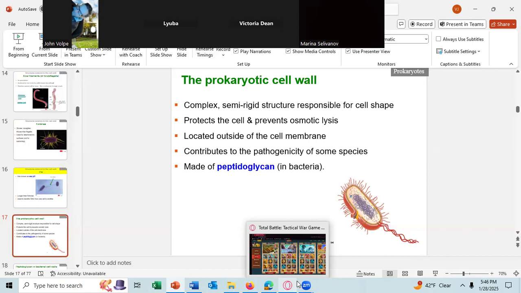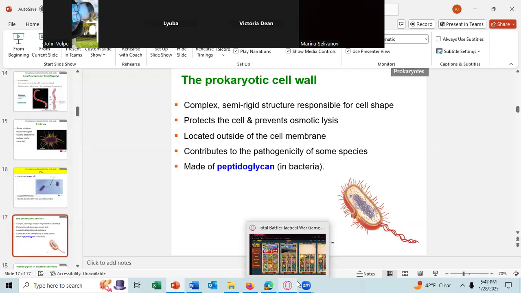Even though the cell membrane is considered the gatekeeper, allowing certain molecules to come in and others to leave, the cell membrane should not be considered the division between the inside and outside of the cell.